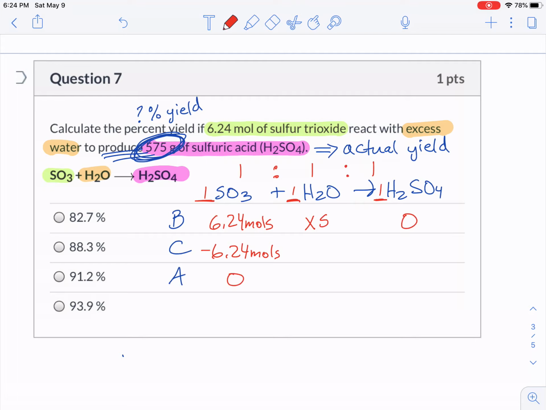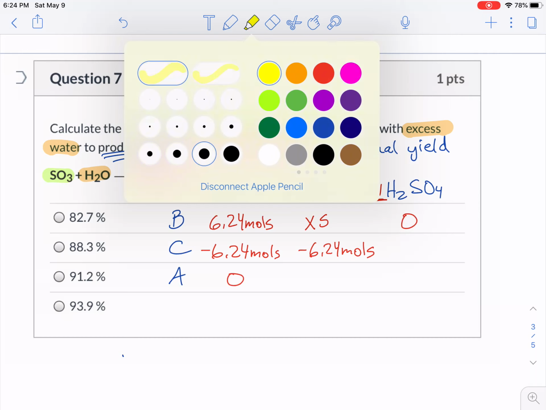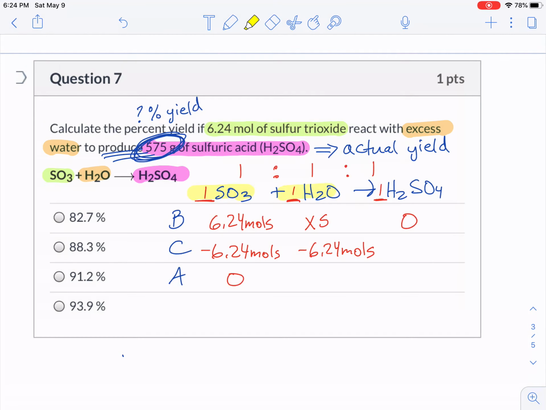Now the change occurs. I'm going to use up all of my sulfur trioxide. I am going to also use up 6.24 moles of my water. Why do I know that? Because remember, it's a 1-to-1 ratio, so the same number of moles will be used. Will I be left with 0? No, because it was in excess to begin with.